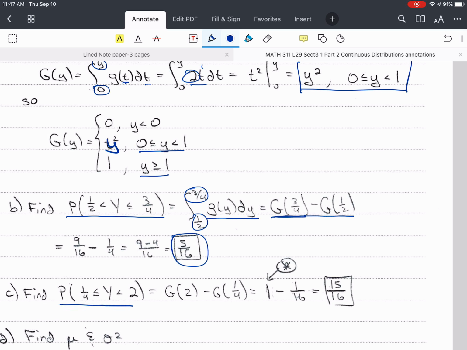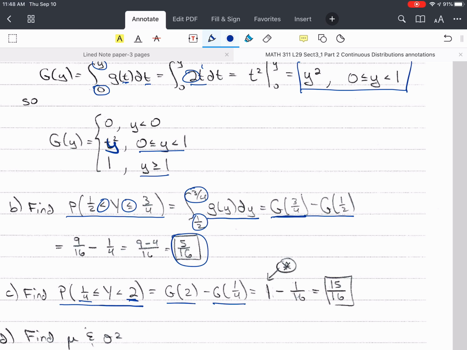Now let's find the probability that y is between 1/4 and 2. And notice that it doesn't matter whether these are less than or equal to here. With a continuous distribution, you get the same answer. So again, y is from 1/4 to 2. We take G of 2 minus G of 1/4.